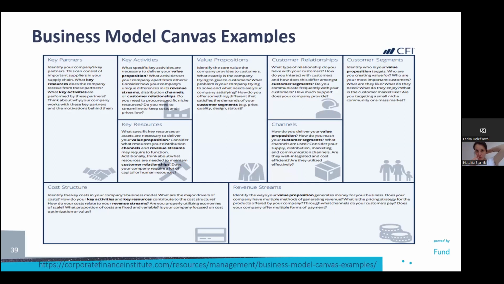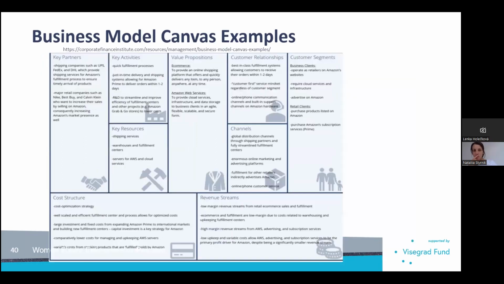There is some information that should be given to each segment regarding these nine segments. For instance, regarding your key resources, what specific key resources or assets are necessary for you to deliver your value, something new that you are creating. So it's a relatively well arranged, well organized, well prepared model or template.